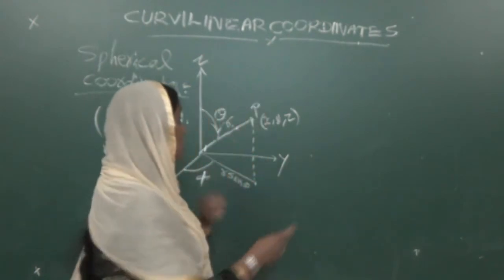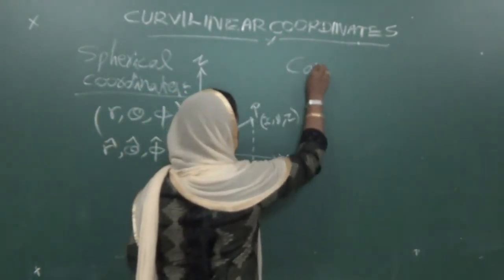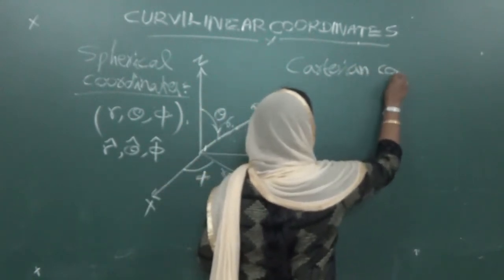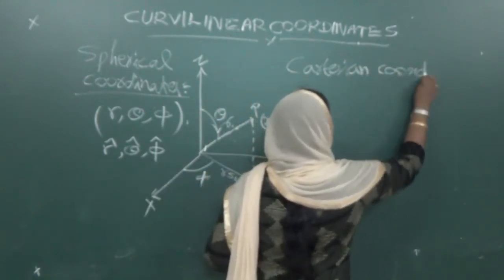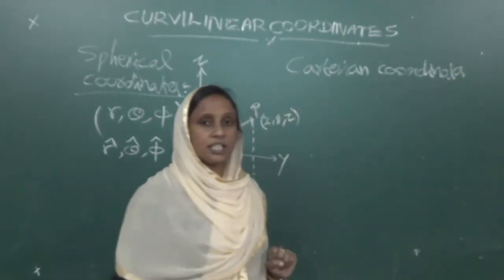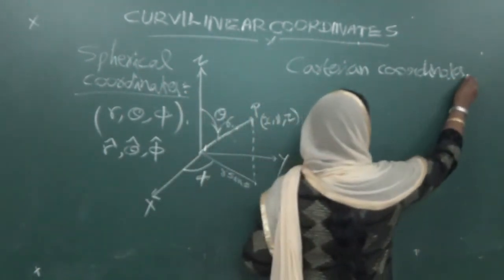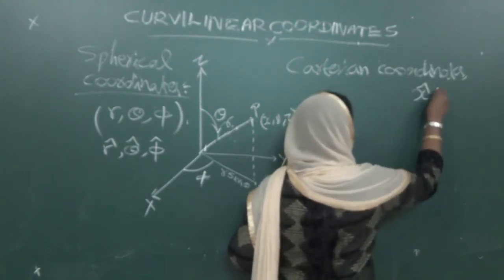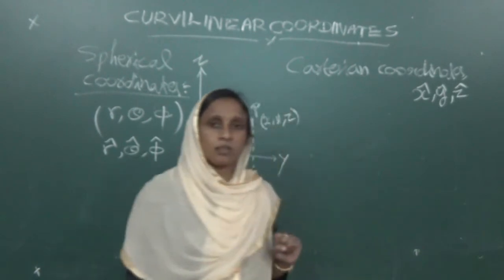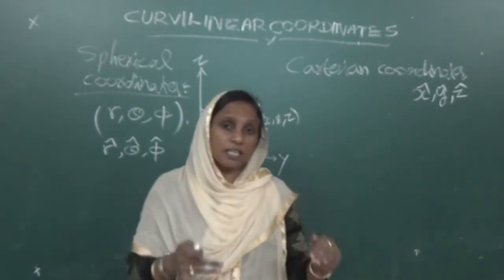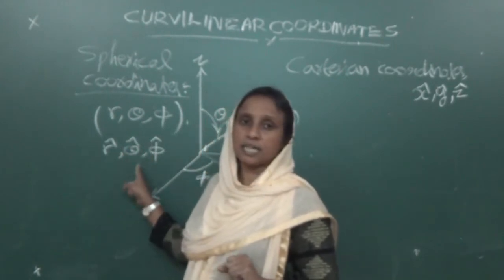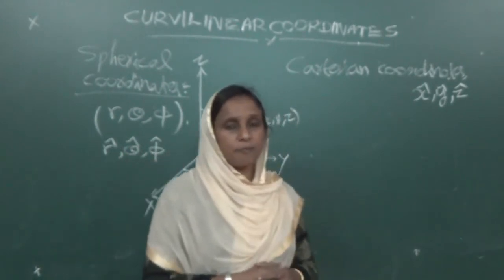In the Cartesian coordinate system, we have x cap, y cap and z cap. At the same time, in the spherical coordinate system, we have r cap, theta cap and phi cap.